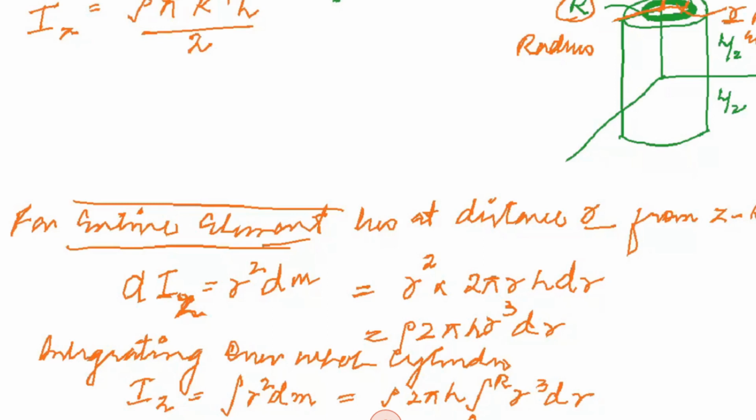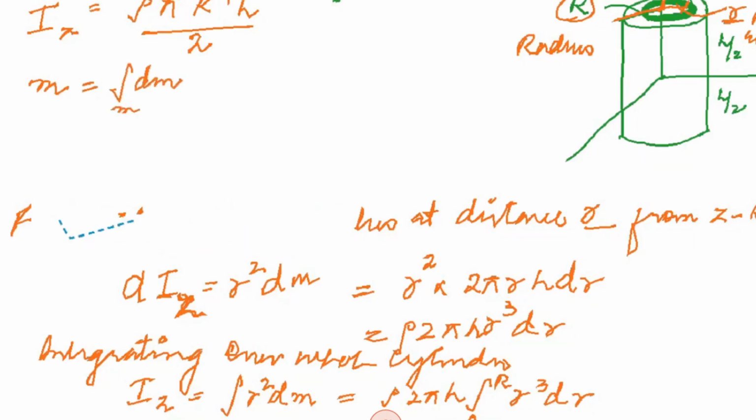Now, the mass of the cylinder, what will the total mass of the cylinder be? That will be m, the integral of dm of total mass.